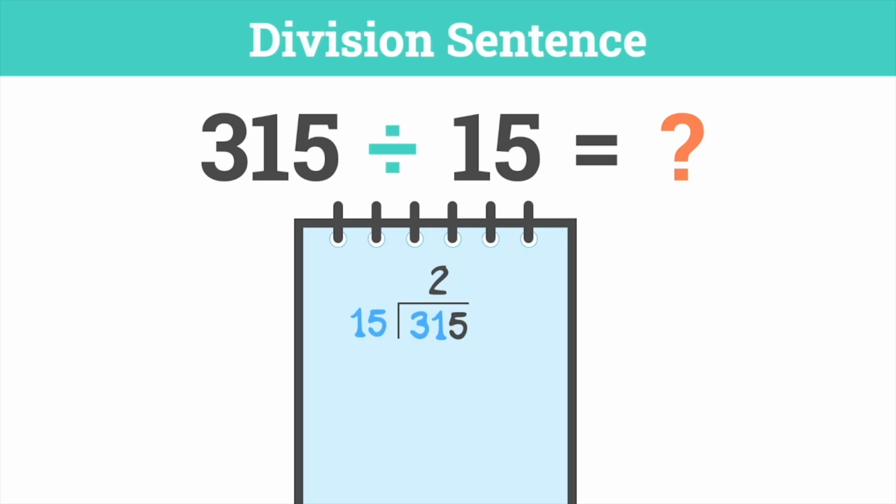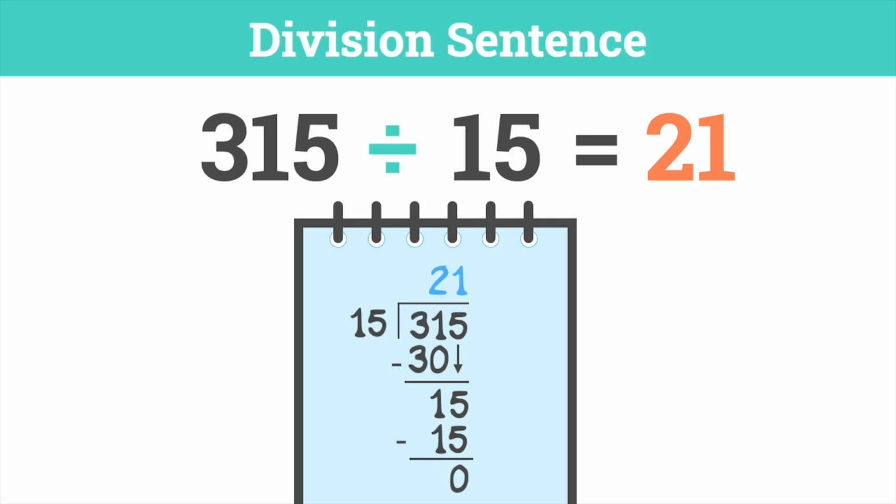So we'll write a 2 here in our quotient. 2 times 15 is 30. 31 minus 30 is 1. We'll bring down the 5 to make it 15. 15 goes into 15 one time, and subtracting 15 leaves us with 0.